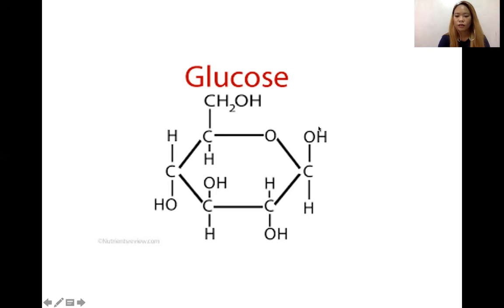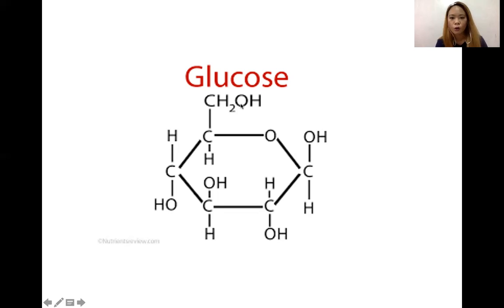Let's count hydrogen. It says in the molecular formula that glucose has 12 hydrogen. So let's count: hydrogen 1, 2, 3, 4, 5, 6, 7, 8, 9, 10, 11, 12. And then it also has 6 oxygen: 1, 2, 3, 4, 5, and 6.